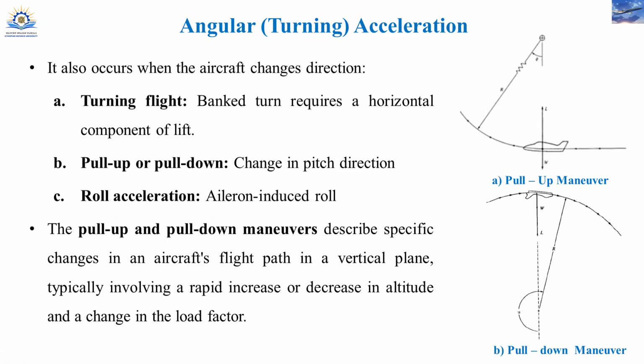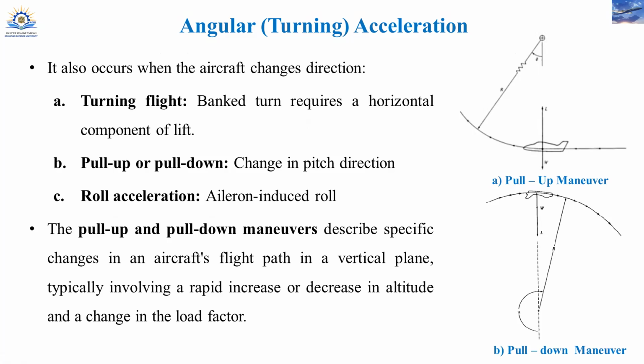Look, during pull up and pull down, the aircraft is in its vertical plane. Our plane of motion is vertical plane. So that vertical plane will take place. But in the case of level turn, the turning takes place in horizontal plane. On some specific horizontal plane, it will take place like this.